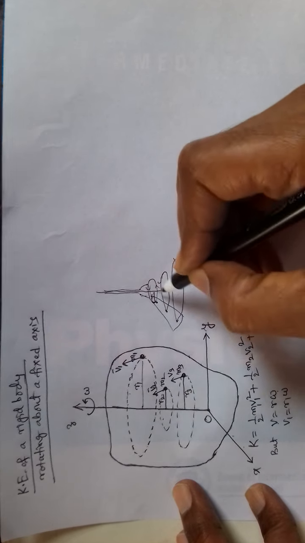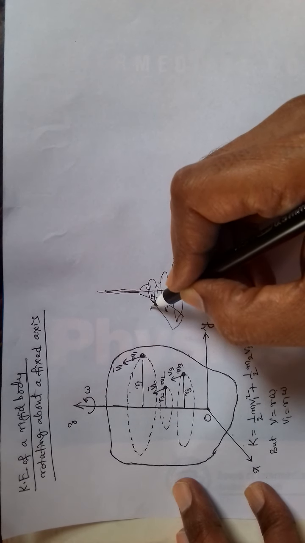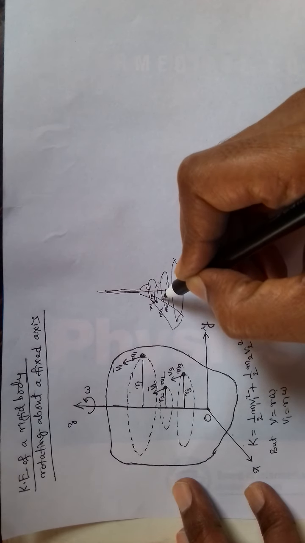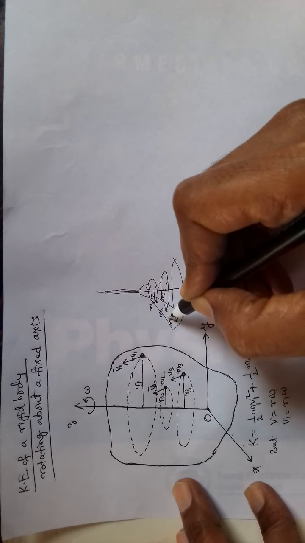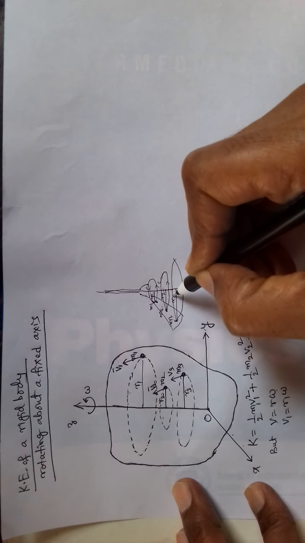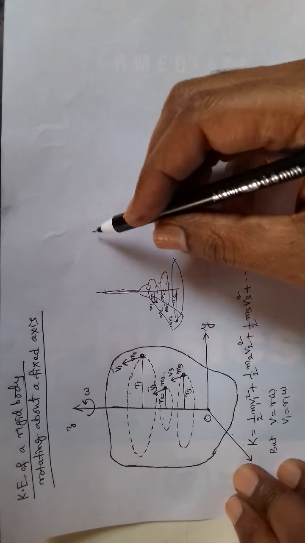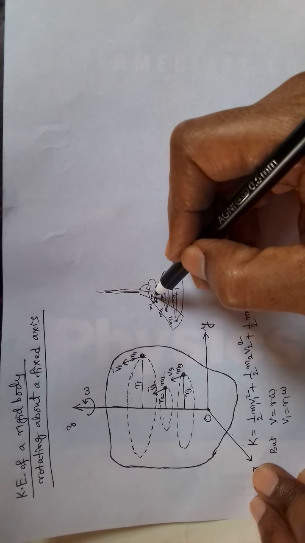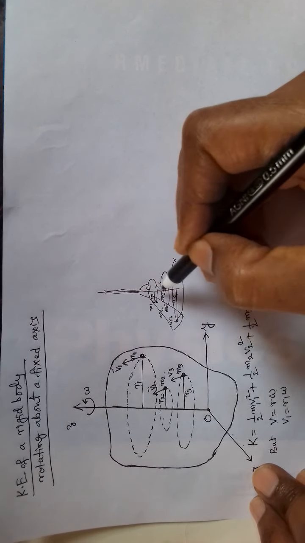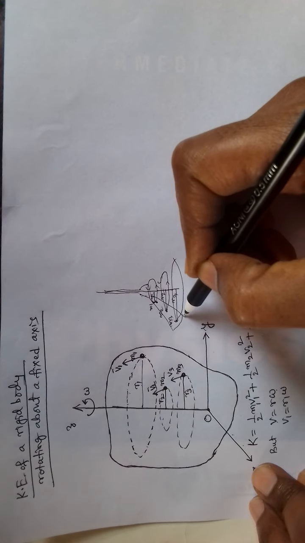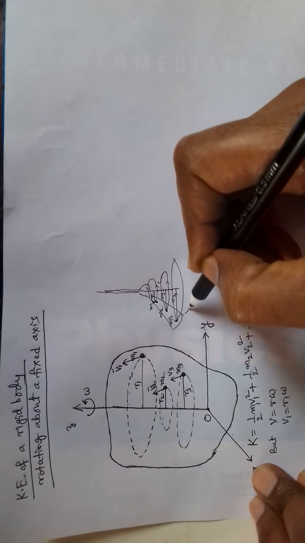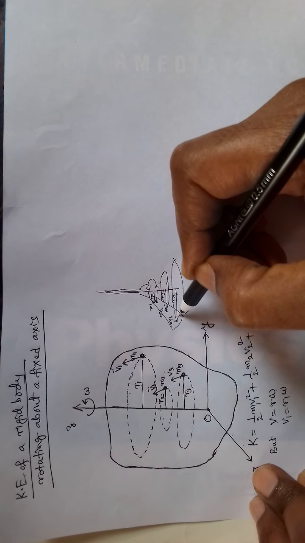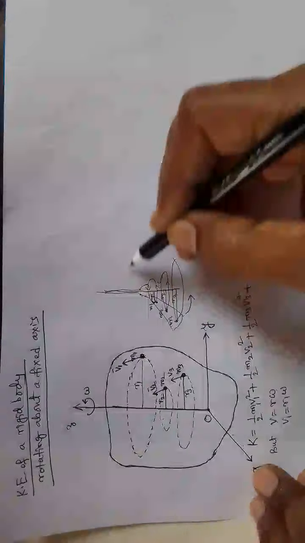See, this is m1 r1, m2 r2, and m3 r3. Even though the particles are at different distances from the axis of rotation, as the blade is moving, all the particles in the blade will have the same angular velocity.